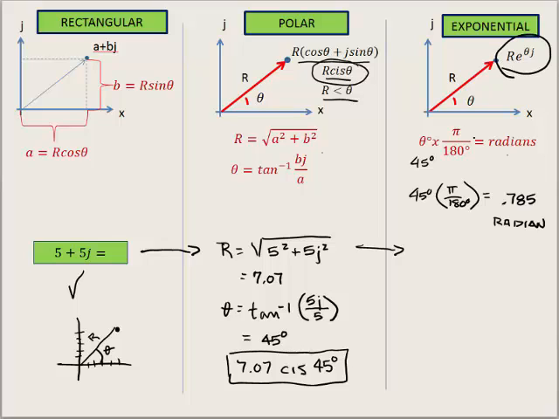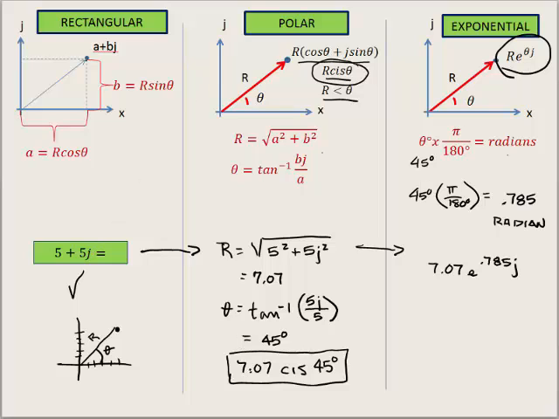All right, now how do we write it? We want this format. So let's see, what was R? R was 7.07. And we use that E designation, and theta is 0.785j. All right? So here we have the same point. In rectangular format, it's 5 plus 5j.